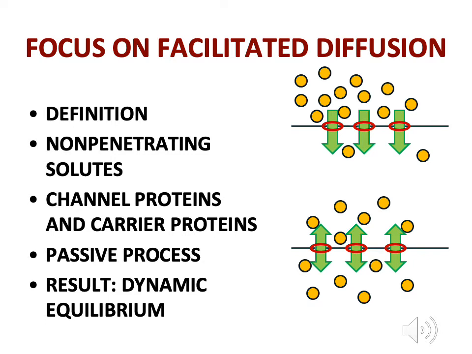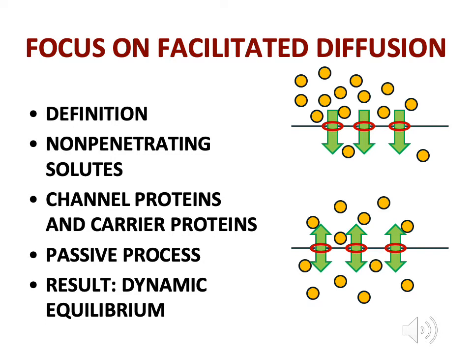And in this case, if the carrier protein requires no input of energy, then technically it's a passive process. So facilitated diffusion: polar or larger, non-penetrating solutes, channel proteins and carrier proteins involved. It's a passive process, no energy involved, which means concentration gradient is our motivating mechanism.